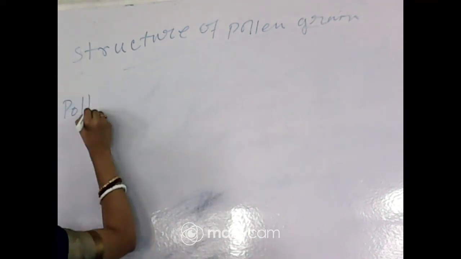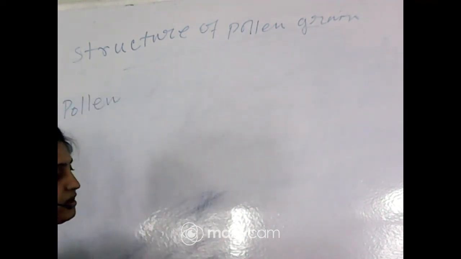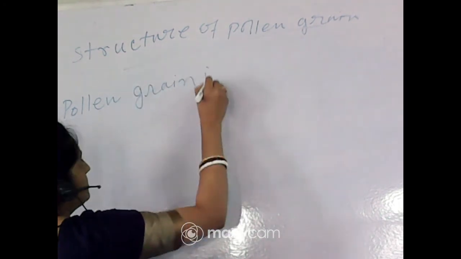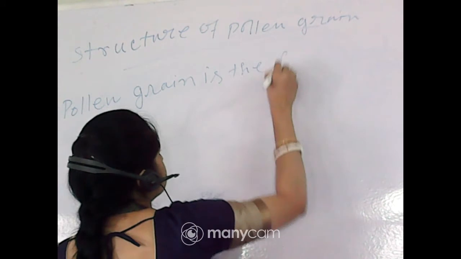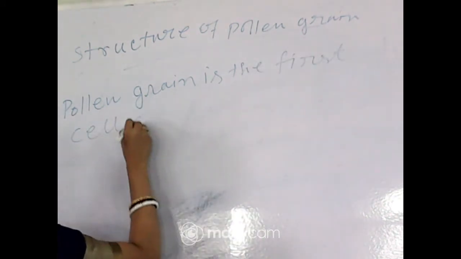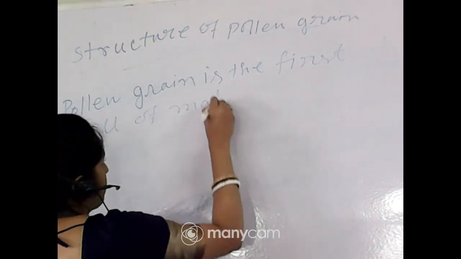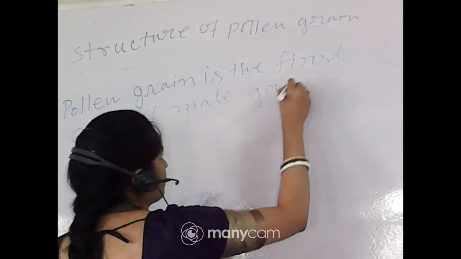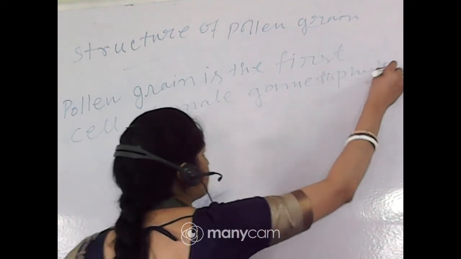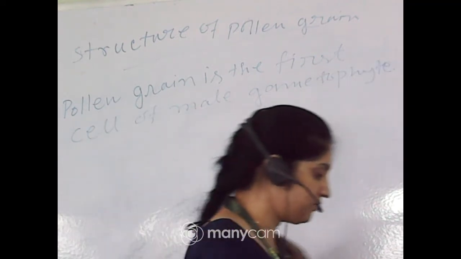Remind that. Short question: which is the first cell of the male gametophyte? Pollen grain is the first cell of male gametophyte.